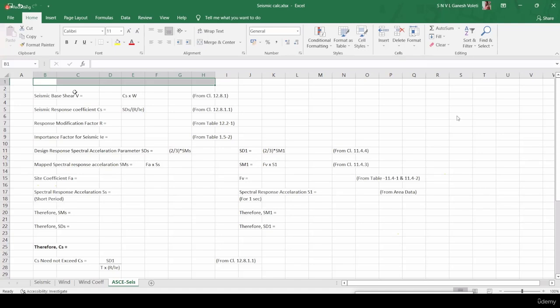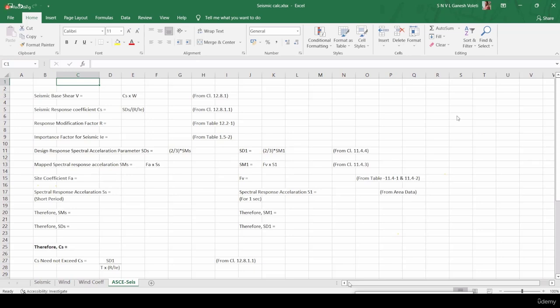Okay, that's why we are going with ASCE 7-10, and there is one more reason I'm using 7-10. The major changes occurred between ASCE 7-05 and 7-10 only. From 7-10 to 7-22 onwards, there are only minor changes.